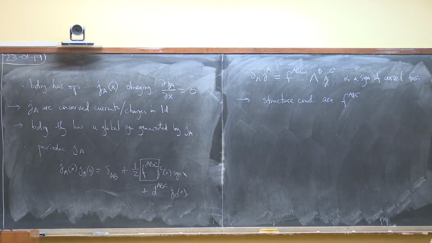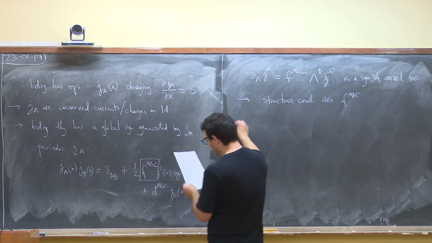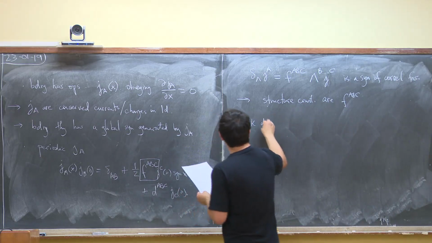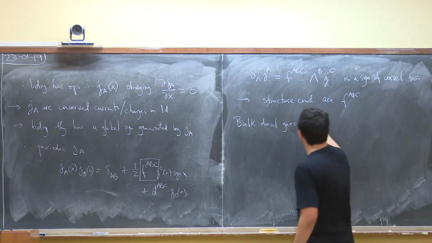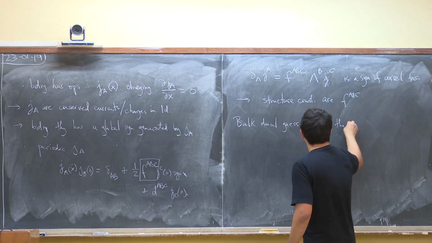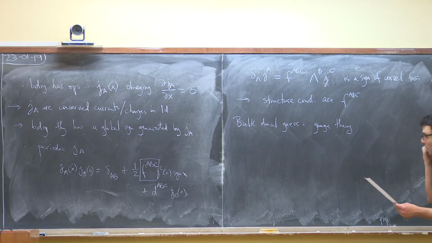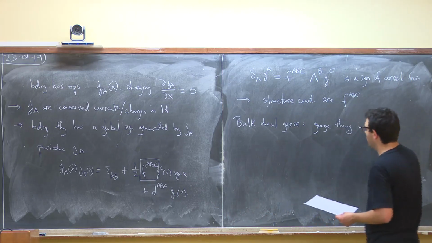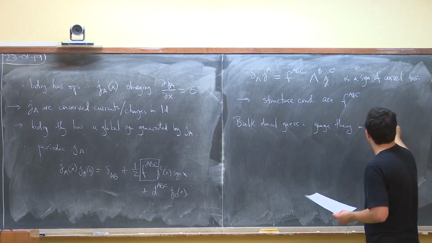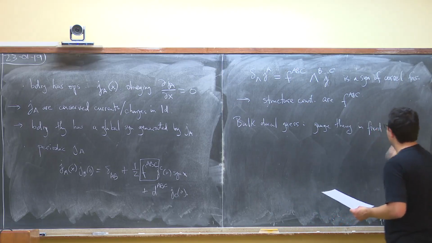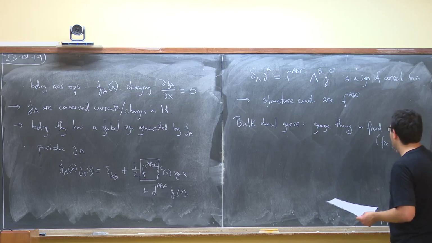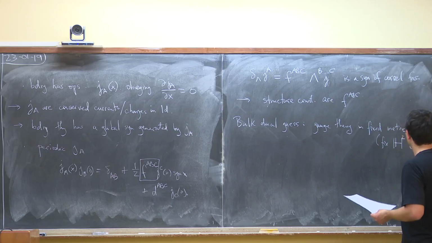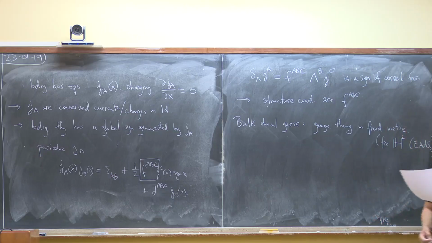Okay, so then what's the guess for what the bulk is? The bulk dual guess is a gauge theory, in a fixed metric, in a fixed background, and just fix it to be AdS, or hyperbolic space, Euclidean AdS, in the spirit of AdS/CFT.